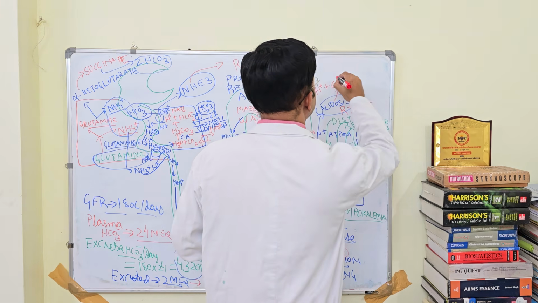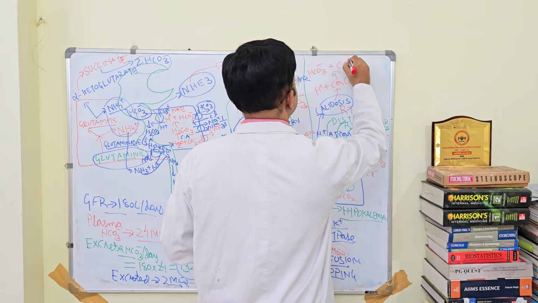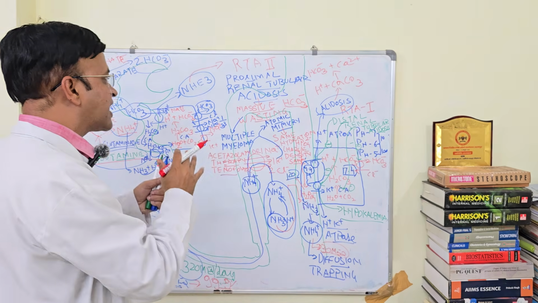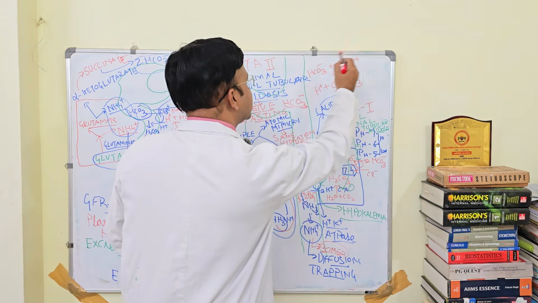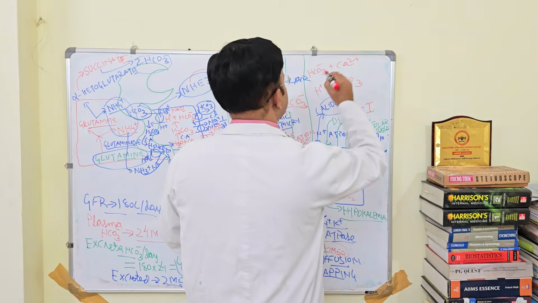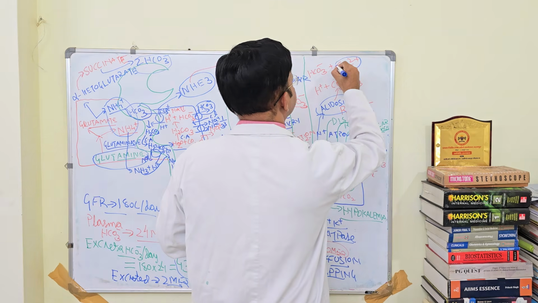It will make HCO3 minus plus Ca plus, right? So it will neutralize the excess acid. Your bones are going to neutralize this excess acid, but in turn it has to release out calcium, right? This calcium will be released out, right?